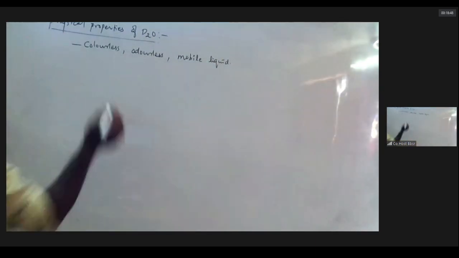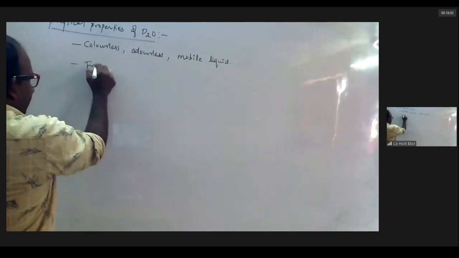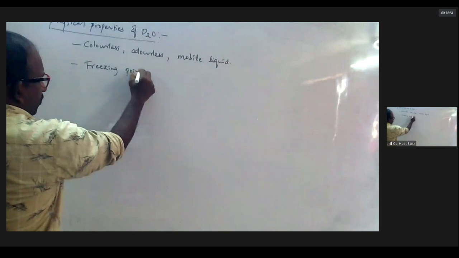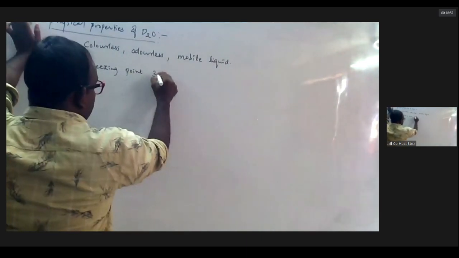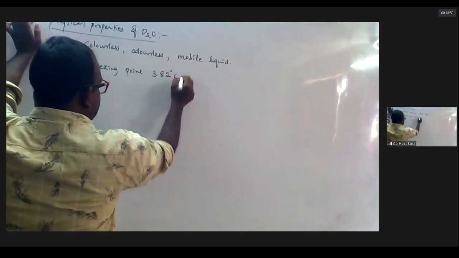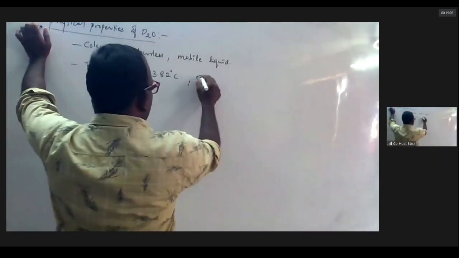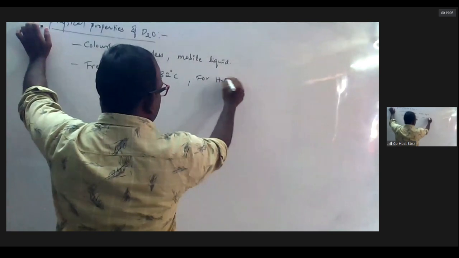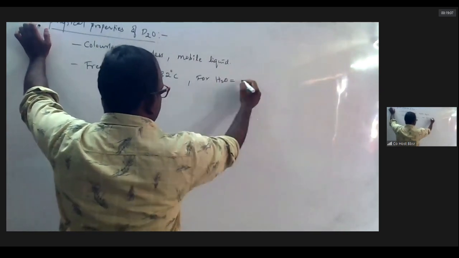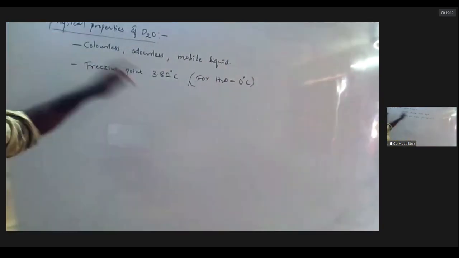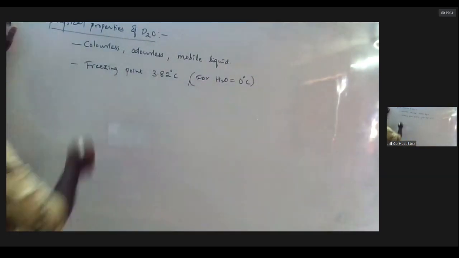So the freezing point will be 3.82 degrees. For H2O, this is 0 degrees Celsius.